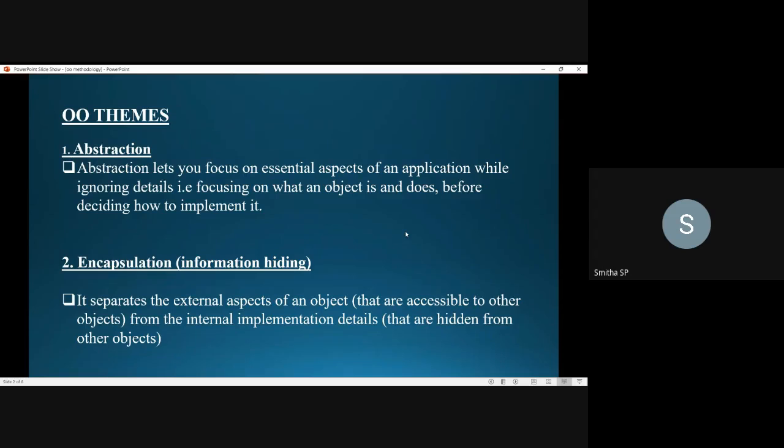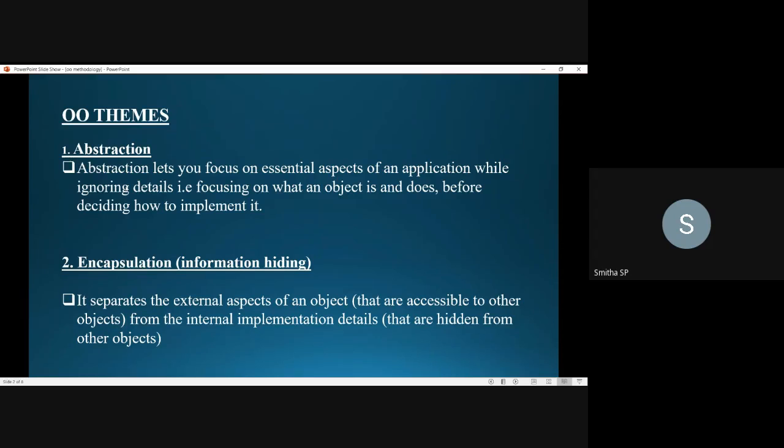Abstraction lets you focus on essential aspects of an application while ignoring details, that is, focusing on what an object is and does before deciding how to implement it. Abstraction means briefing in general. It focuses only on the essential aspects of an application.